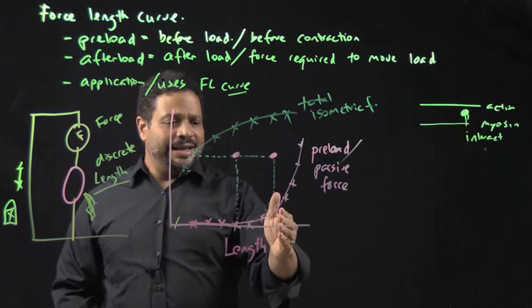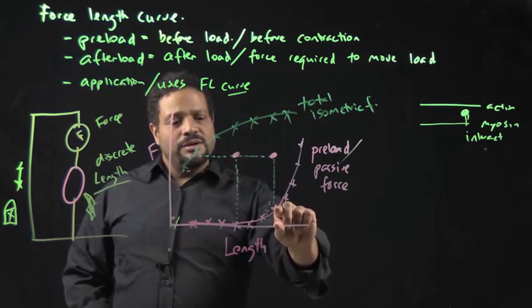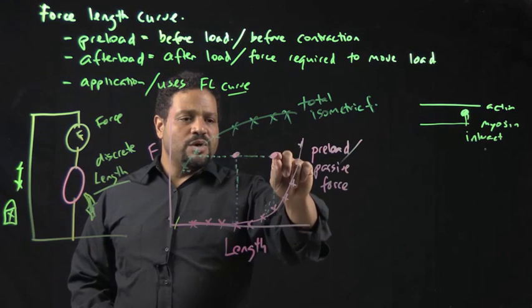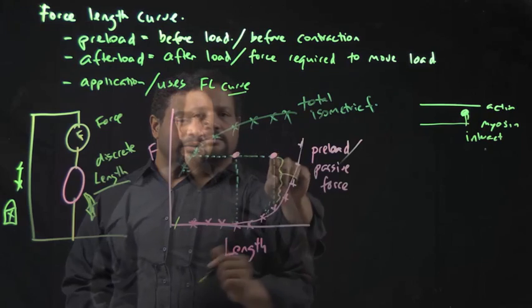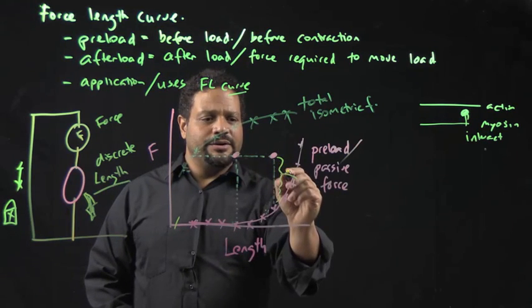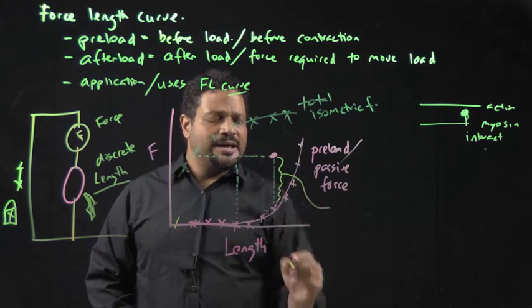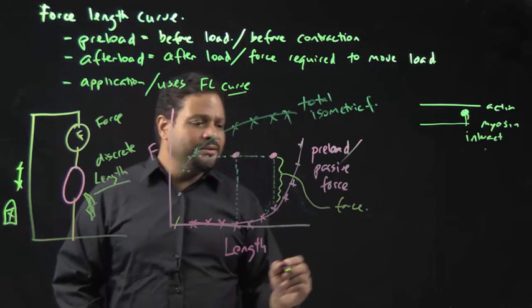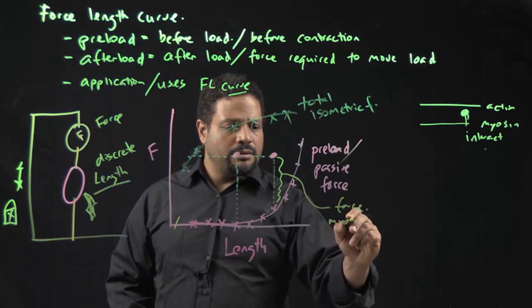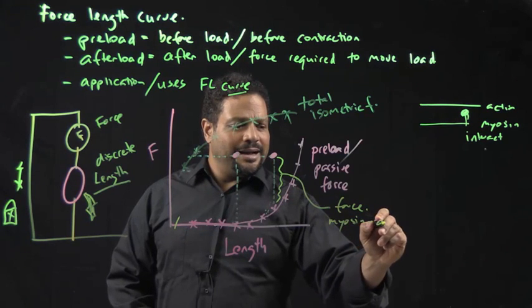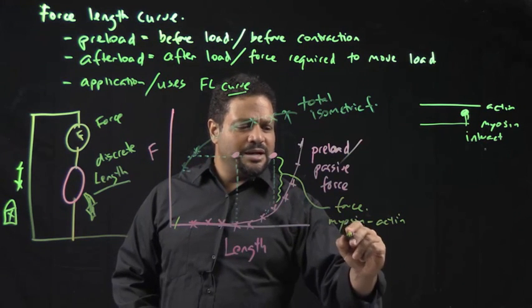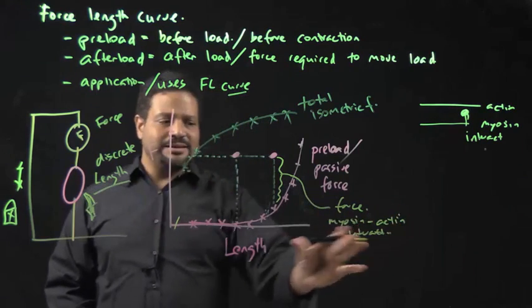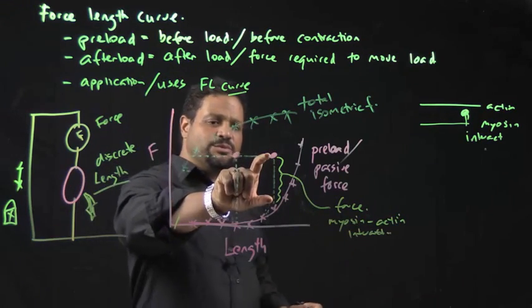When you come over here, the preload contributes some force, okay, required to move that afterload. So what we find here is that the force generated by myosin and actin interaction, or the amount of myosin-actin interaction, is less to move that load.